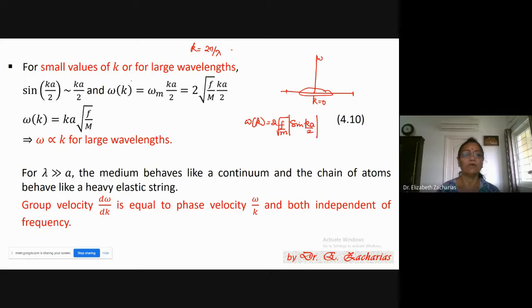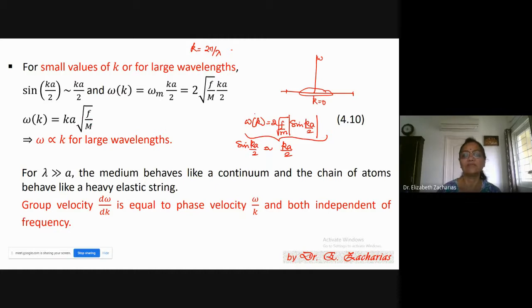Now, for small values of k, you take the sine Ka by 2 and do an expansion. When you do an expansion, you will find that sine Ka by 2 is approximately equal to Ka by 2. So make that substitution into the dispersion equation. And what you get is the right hand side will be equal to k into a into under root of f by m.